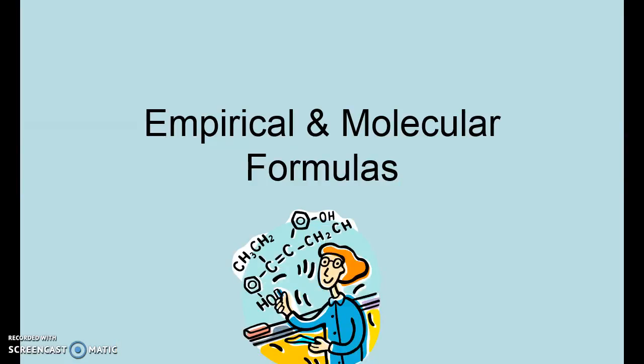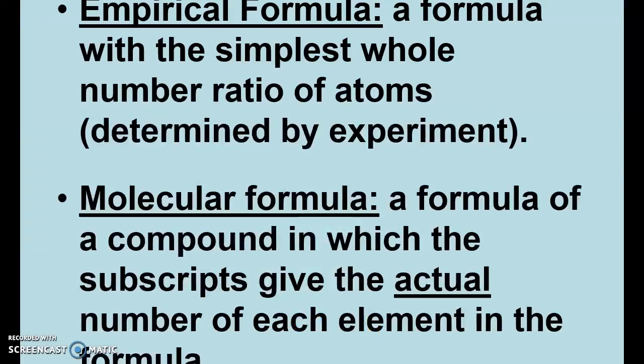So another thing we do with moles is we take experimental data and we find the empirical and molecular formulas of unknown compounds. So an empirical formula is a formula with the simplest whole number ratio of atoms, and it is determined by experiment.